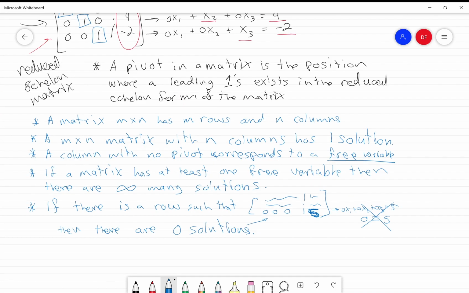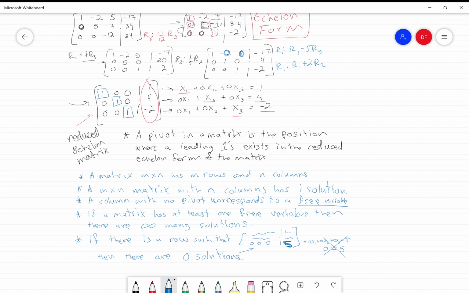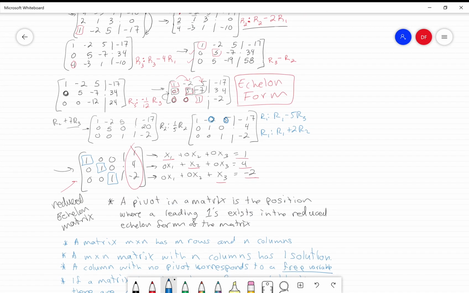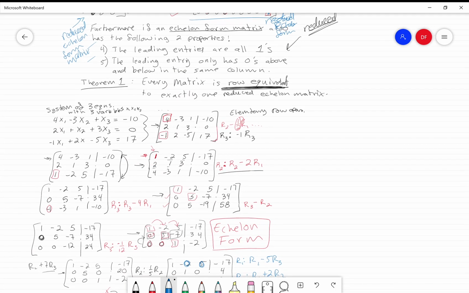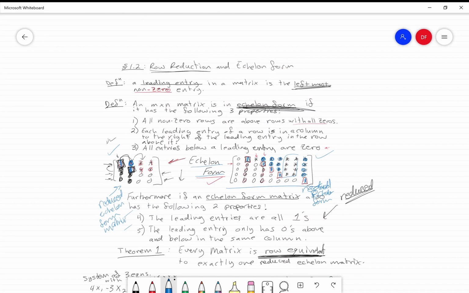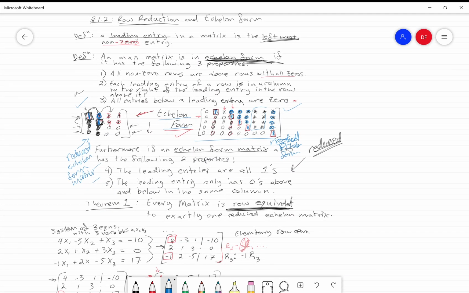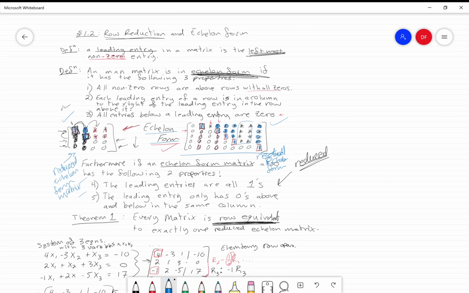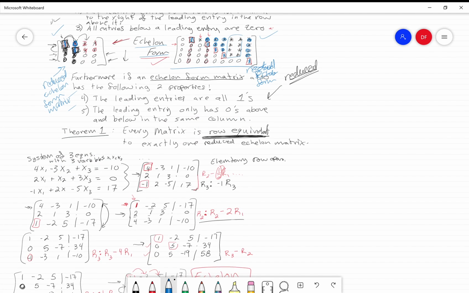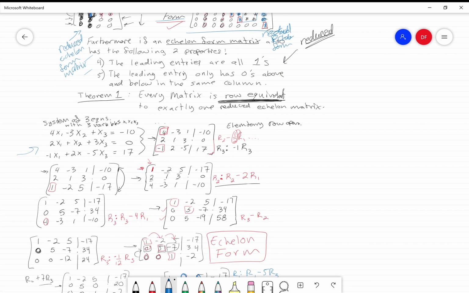Okay, so in this lecture, I just gave a lot of definitions, and I used those definitions to explain the concept of row reducing a matrix into echelon form to find the solution of a system of linear equations like the following.